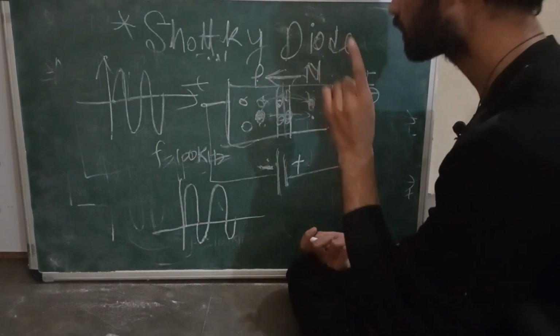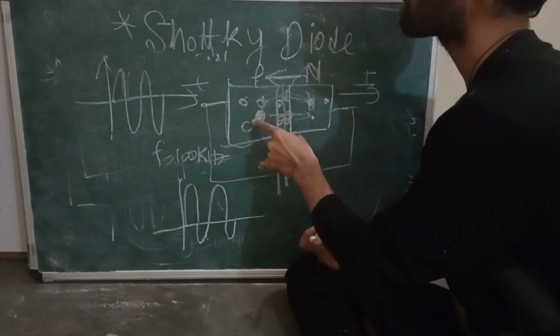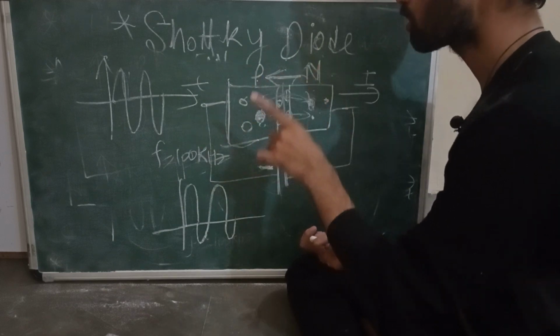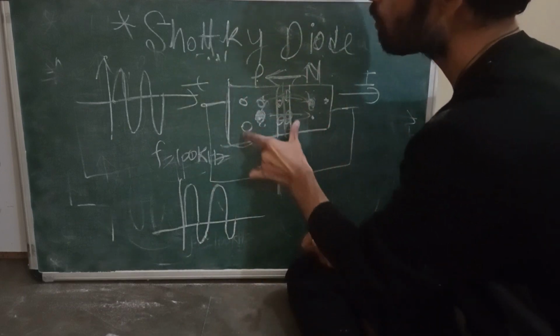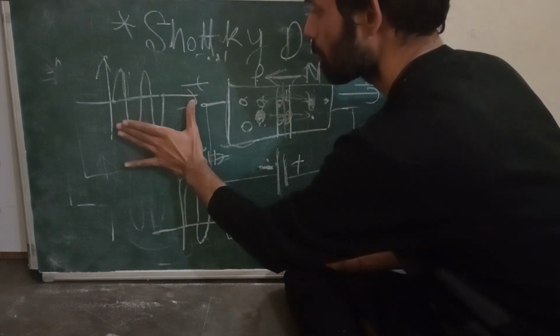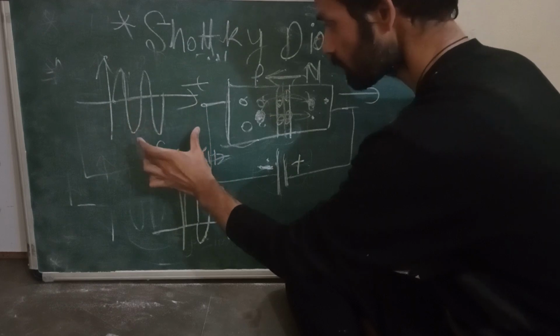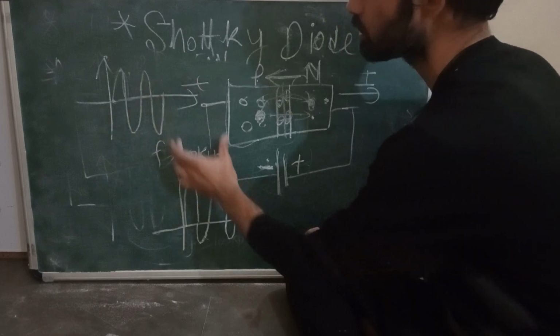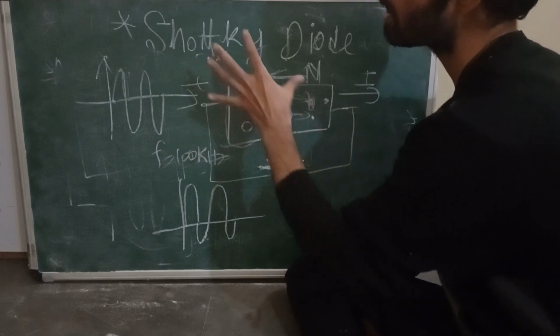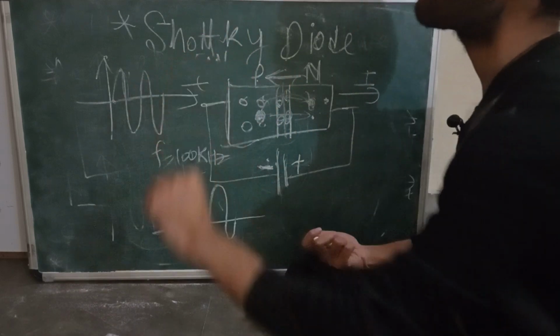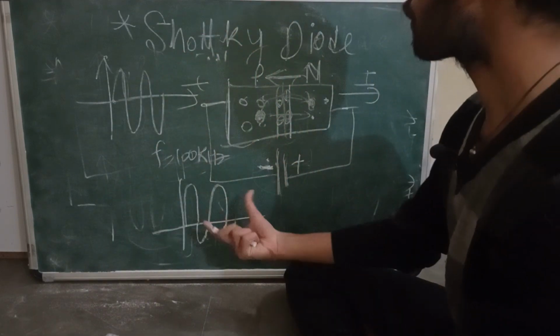Reverse recovery time is the time taken by the stored minority charge carrier to come back to its original position. And this reverse recovery time is much larger than the time period of this high frequency signal. So that is the reason that we are unable to rectify a high frequency signal.